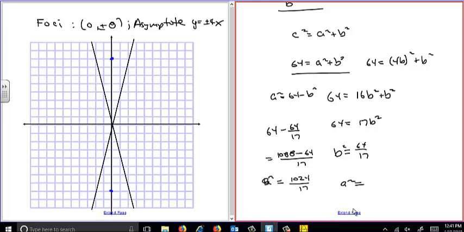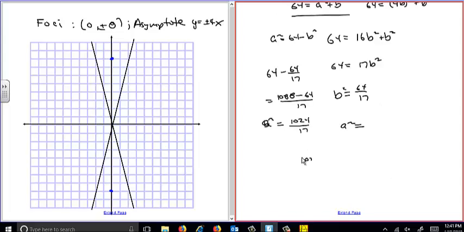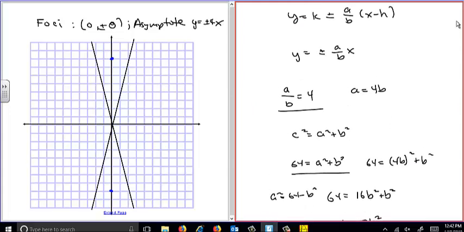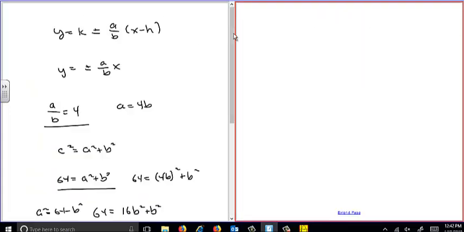Let's see if that's true. Let's just double check it here. So if you take a squared plus b squared, if you add these two together, you get 1088 over 17, and that 1088 divided by 17 is 64, and the square root of 64 is 8. So now that we have a and b, you can put it in standard form.